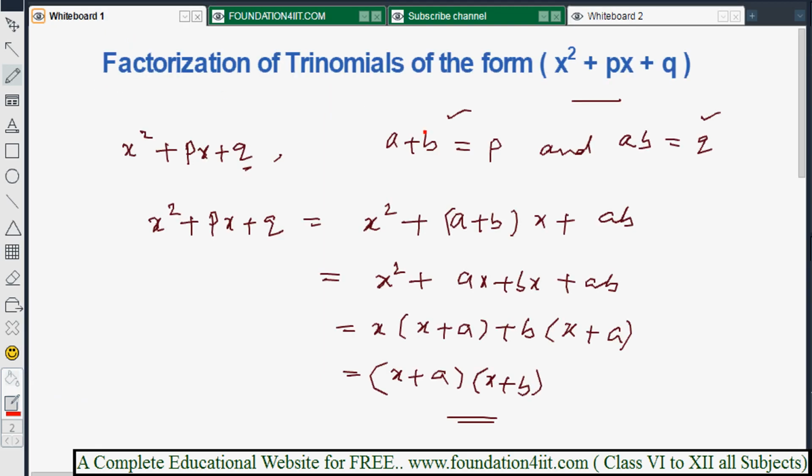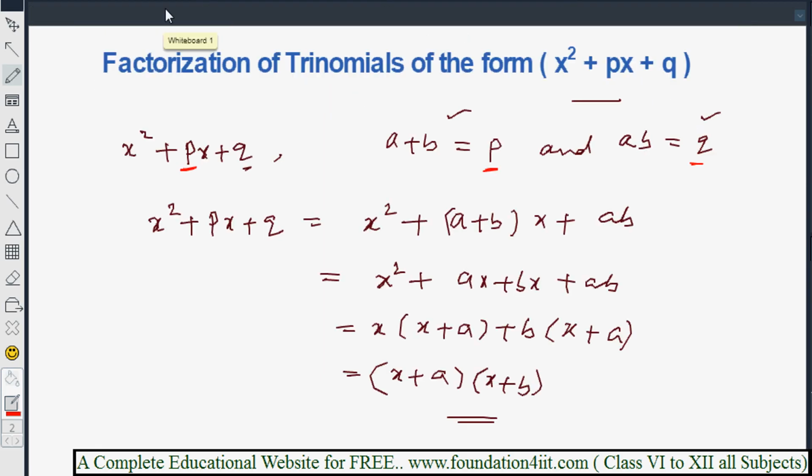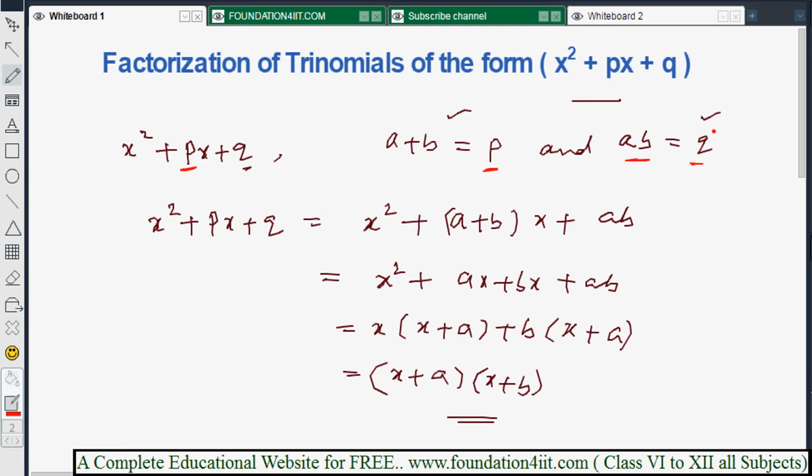The two numbers if I add, I should get p, that means the x coefficient, and if I multiply, the constant. In this problem, the x coefficient is 10 and the constant is 24. Two numbers: if I multiply, 24 should come, and if I add, 10 should come. A plus b is p and a into b is q.